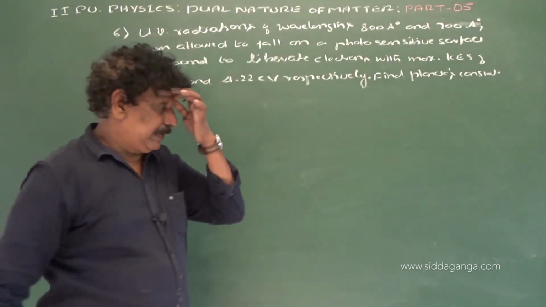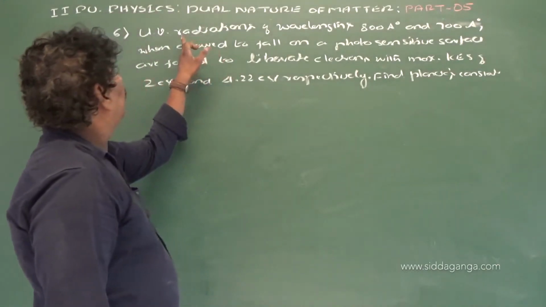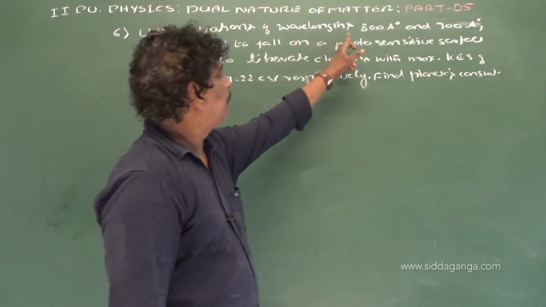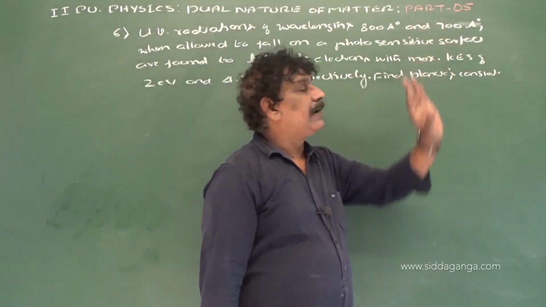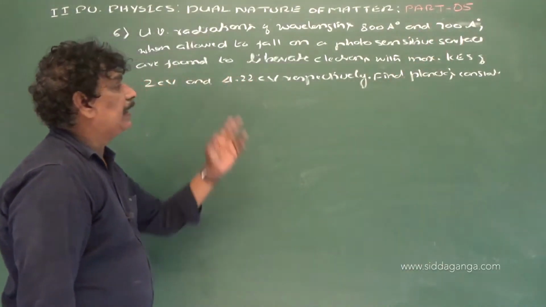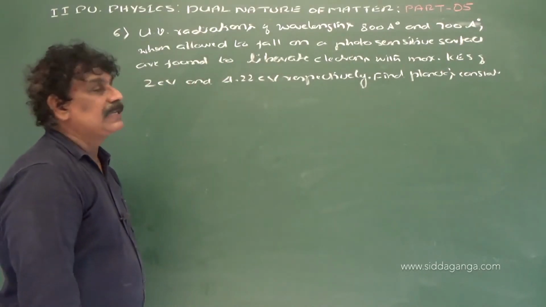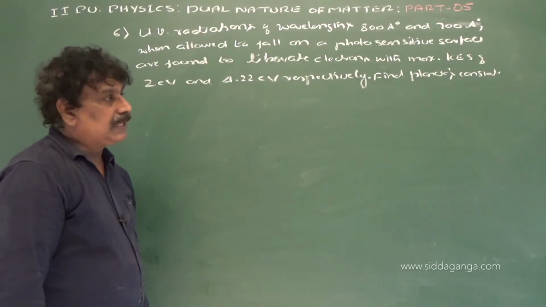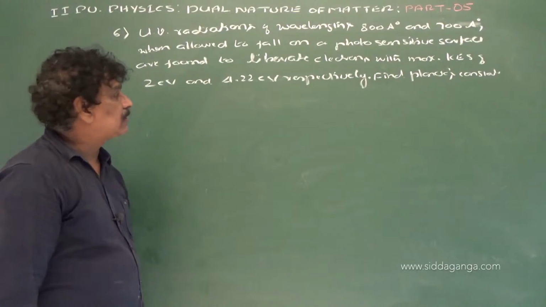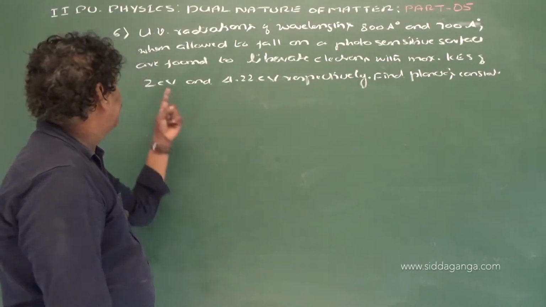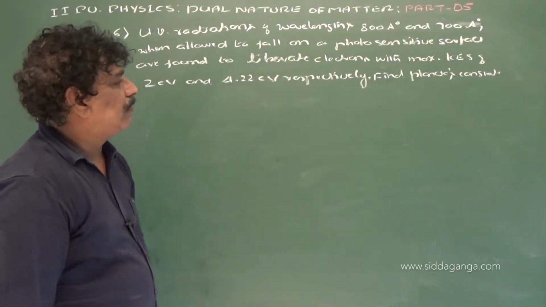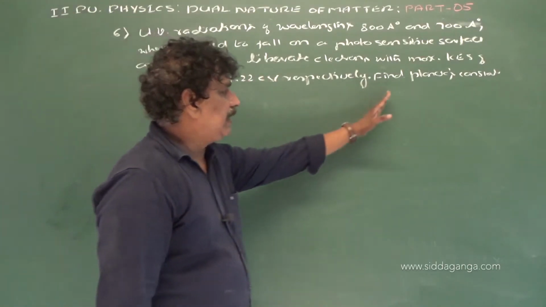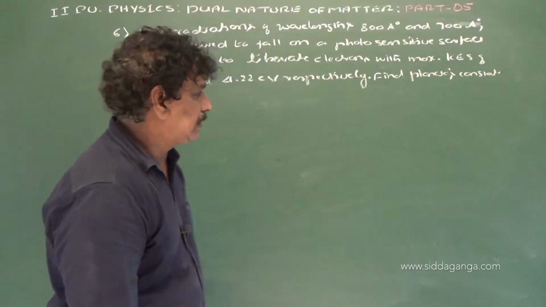Now we see here, ultraviolet radiations of wavelength 800 angstrom unit and 700 angstrom unit are incident on a photosensitive surface. They are found to emit photoelectrons of kinetic energies 2 electron volt and 4.22 electron volt respectively. Find the value of Planck's constant.